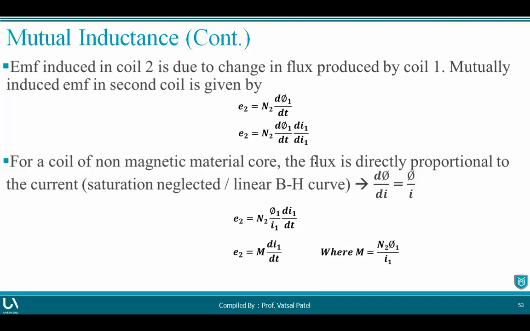So according to that, d phi by di is equal to phi by I, and that we are going to consider here for the mutual inductance, M is equal to N2 phi1, where N2 is the number of turns of coil 2, phi1 is the flux produced by coil 1, divided by the current passing through coil 1. So that is the equation of mutual inductance. Are you getting it? This is just the notation given here according to your previous notation. That's it.